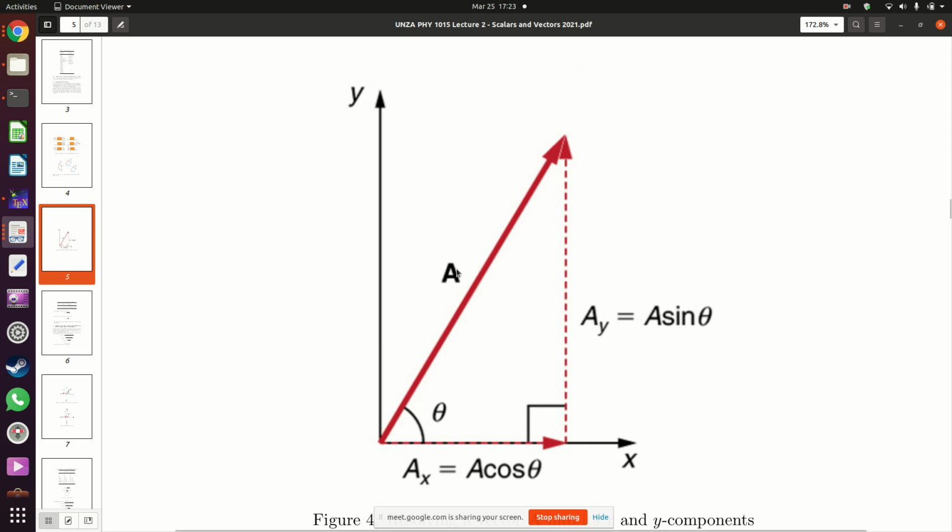We multiply the magnitude, the size of vector A, by the cosine of the angle between the direction you're interested in, the x-axis, and the vector. The angle between the direction and the vector is this theta. So Ax is obtained by multiplying A by cos theta. Is this clear?